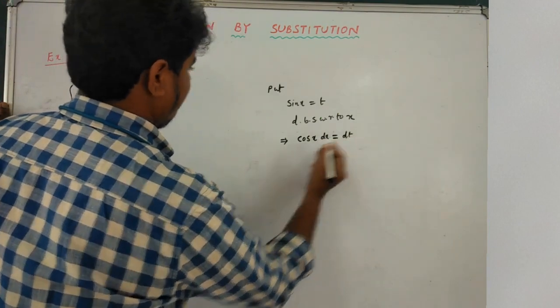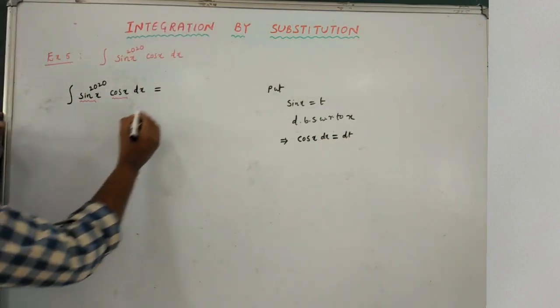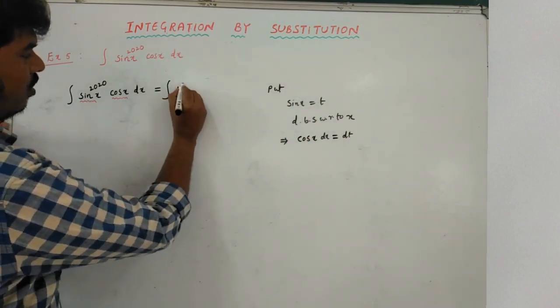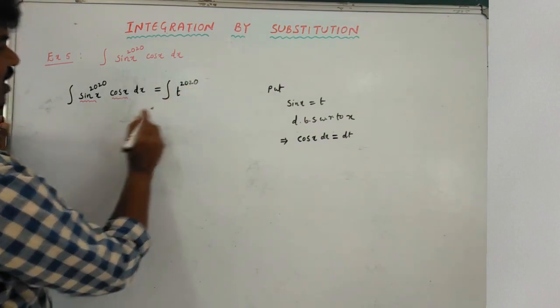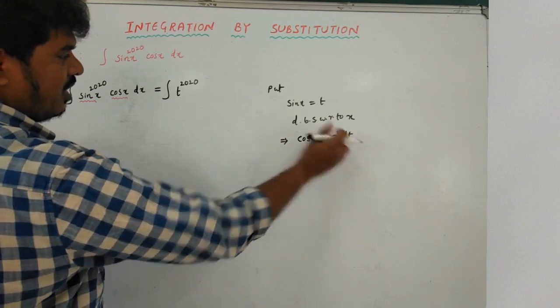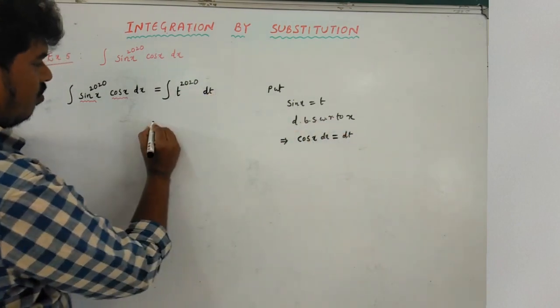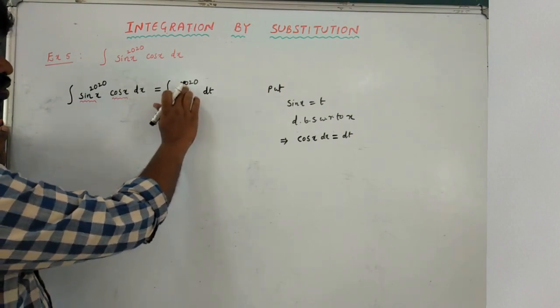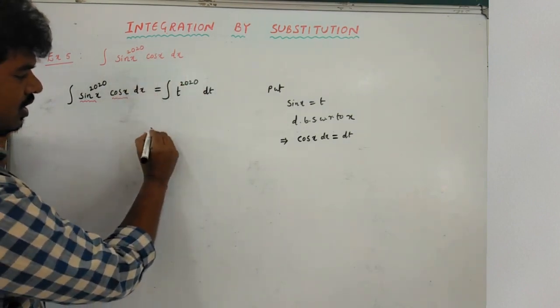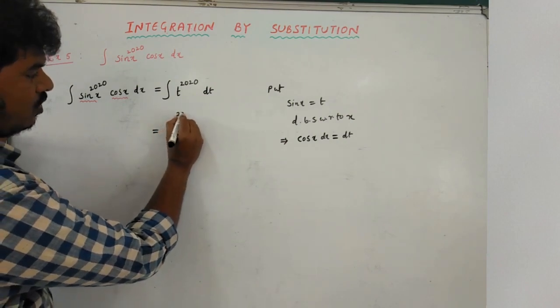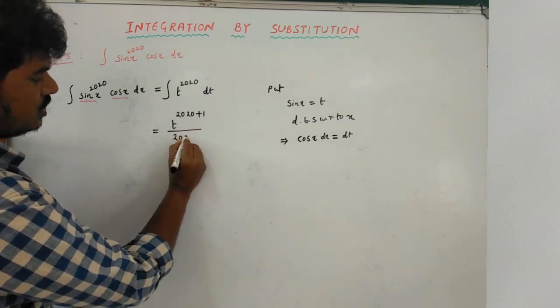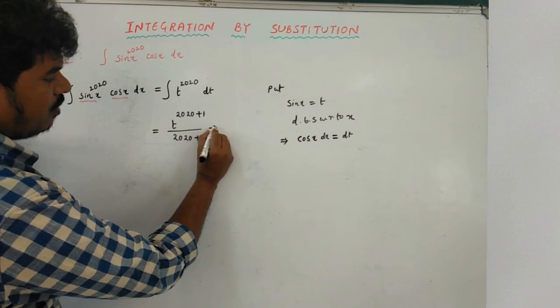I am taking the dx to the left side: cos x dx equals dt. Now this one will be taken as the integral of sin x, which means t, to the power of 2020, and this cos x dx became dt. What is the integral of x to the power of n? X to the power of n plus 1 divided by n plus 1 plus c. The integral of t to the power of 2020 dt will be t to the power of 2020 plus 1 divided by 2020 plus 1 plus c.